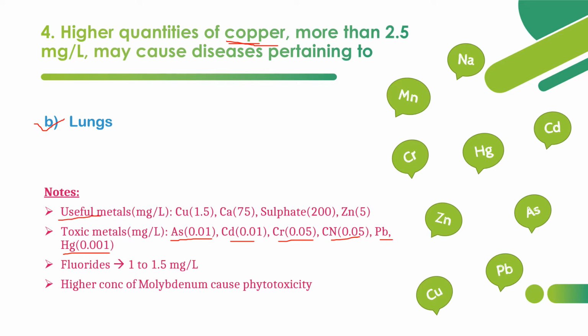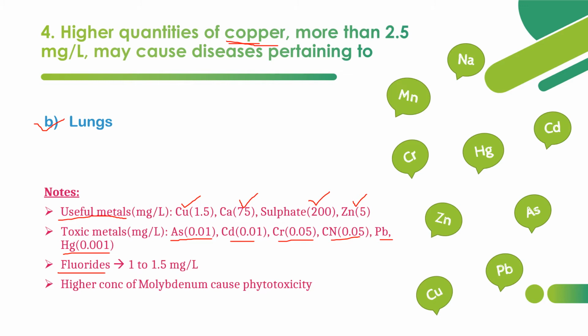Copper is a useful metal, but it shall not be greater than 1.5 milligram per liter. Calcium can be maximum 75 milligram per liter, and sulfate, zinc. These are some useful metals that will be helpful for the health of the human body.